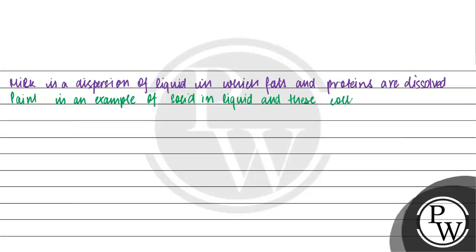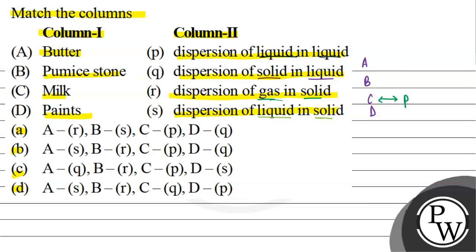Now let us talk about the other options. So let us match once. Our solid in liquid is Q and paint is D. So our Q will match with D.